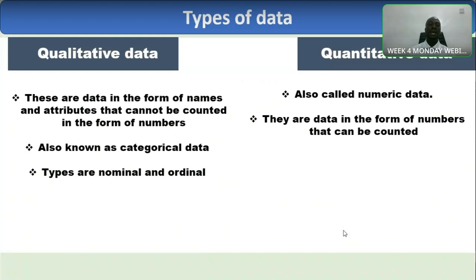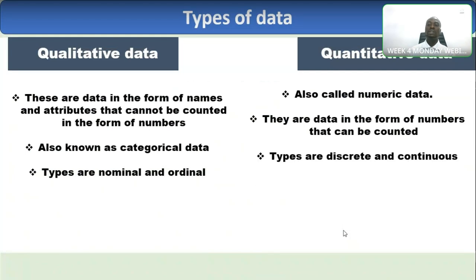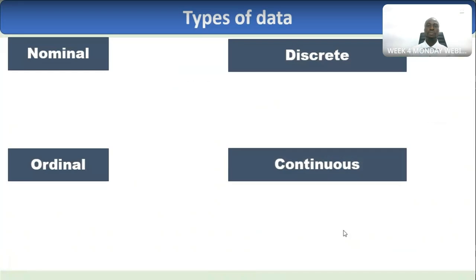Qualitative data can be in form of nominal or ordinal data, while quantitative data can be in form of discrete and continuous. So, like we said, nominal and ordinal are types of categorical data, while discrete and continuous are types of numeric data.